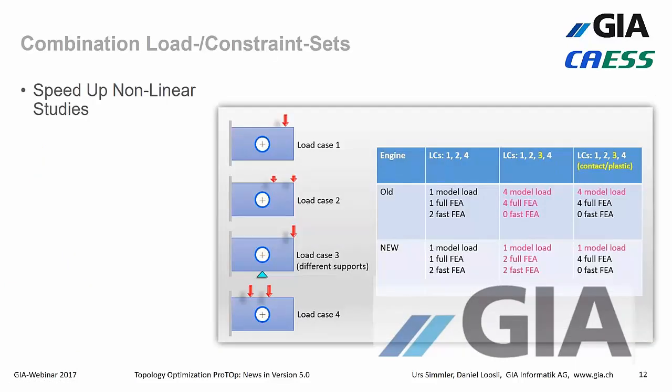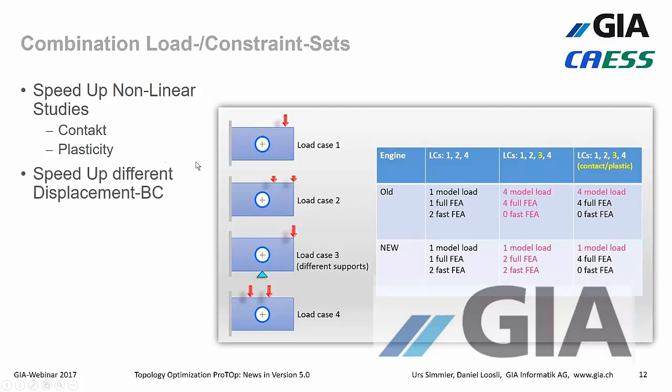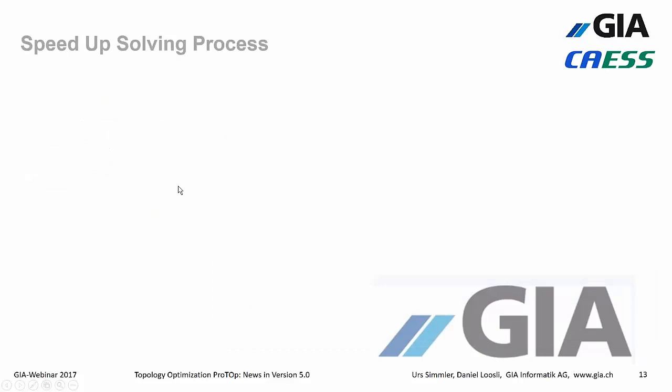Next thing is that the developers changed how they combine the load and constraint set, especially when we are dealing with contact and plasticity. We will see a really nice speed up of the optimization process.